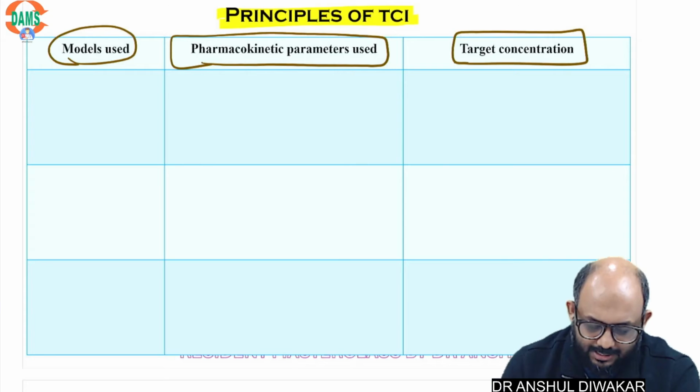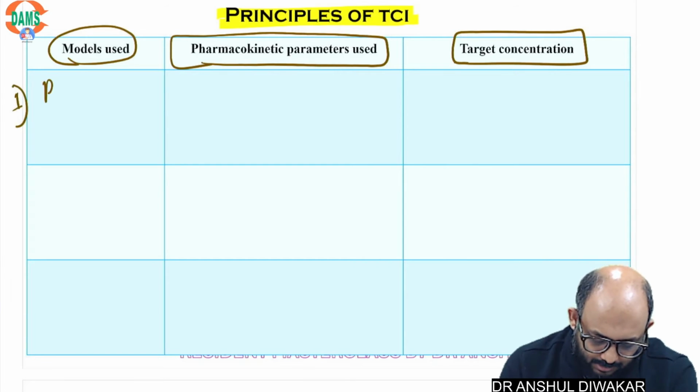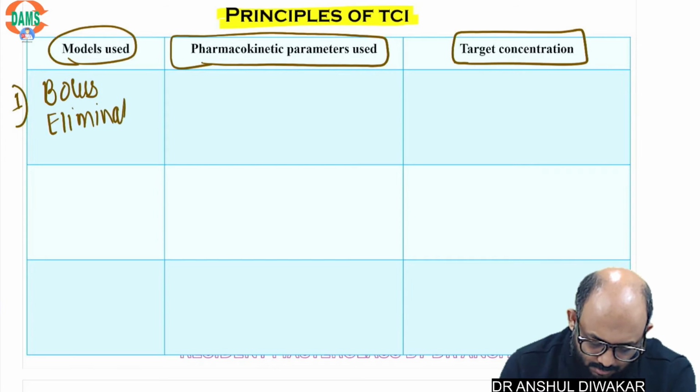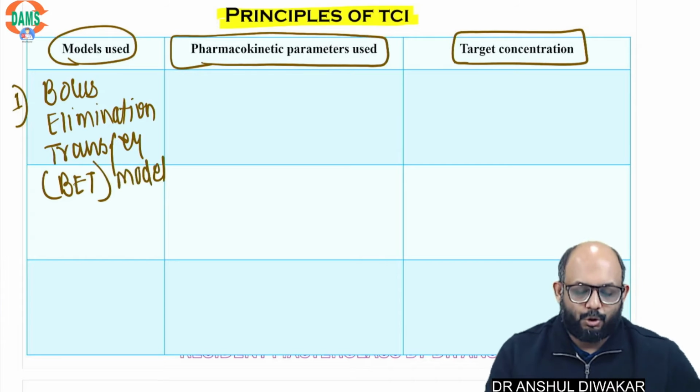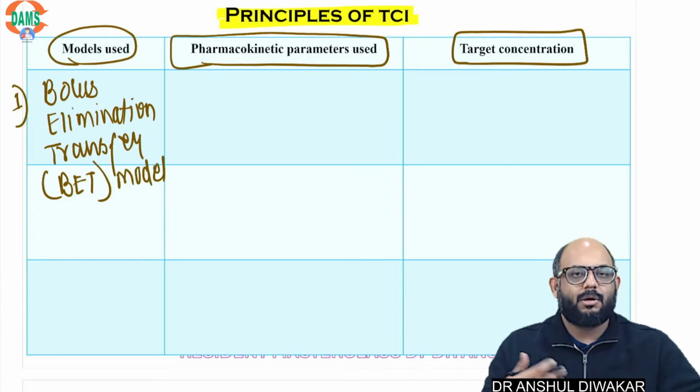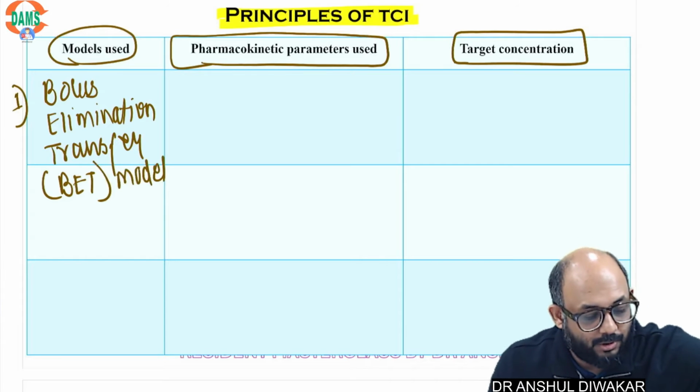So the models that we use, first is the Bolus elimination transfer model. This was the first model that was being used to understand how the drug will behave in the body.